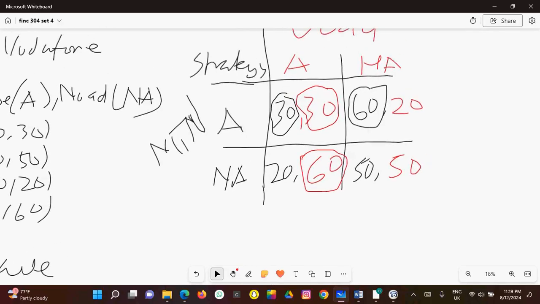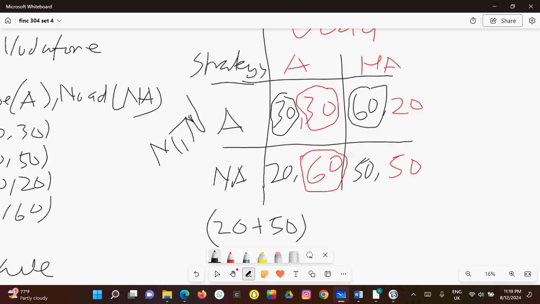So what we can do is compare both profits when it is advertising and when it is not advertising. For example, we can pick MTN and check. If MTN doesn't advertise, it will be getting 20 when Vodafone advertises, and when Vodafone doesn't advertise, MTN will be getting 50.